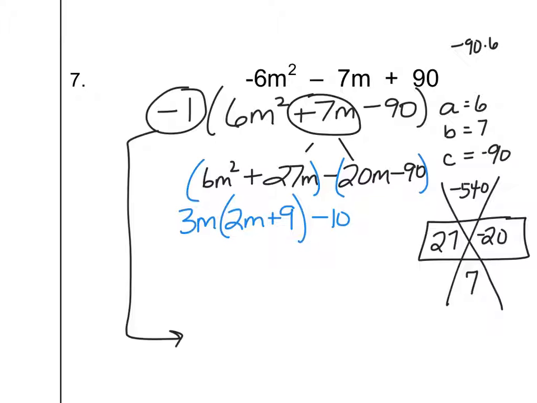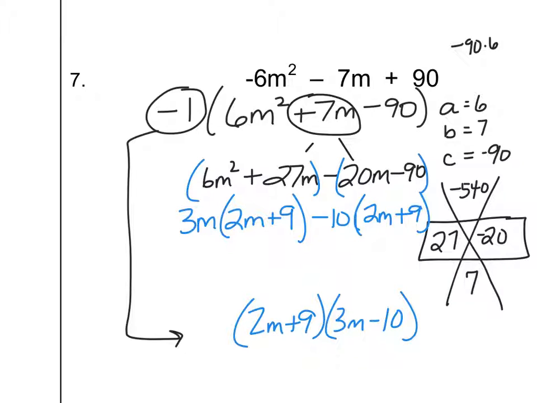So negative 20 divided by negative 10 is positive 2. Had an m, didn't take it. Negative 90 divided by negative 10 is positive 9. So I have a 2m plus 9 in common and a 3m minus 10 on the outside of the parentheses. And the one thing I can't forget is my negative 1.